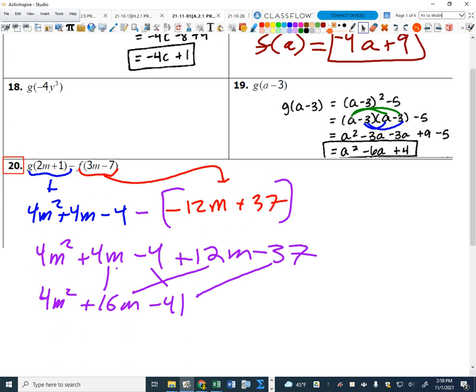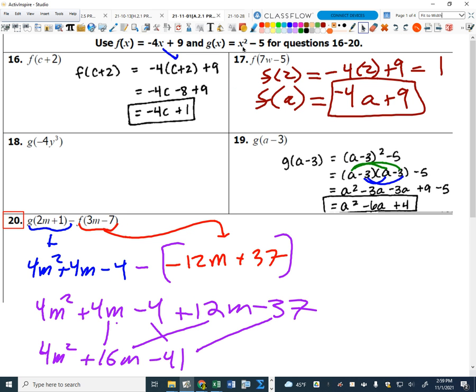Oh, okay, I didn't go through the steps. But if I did, I'd have to square out 2m plus 1, quantity squared, minus 5. So I have to FOIL all that stuff out and then subtract 5. And if I did that, same kind of thing I did in problem 19, when I did all that work, this is what the simplified output would be for the blue part.